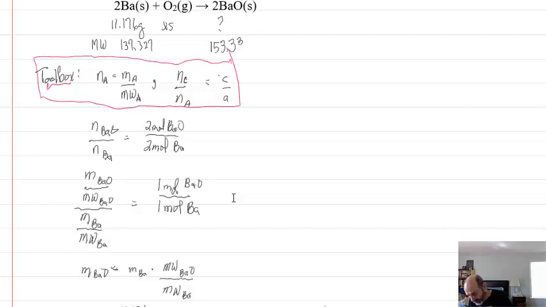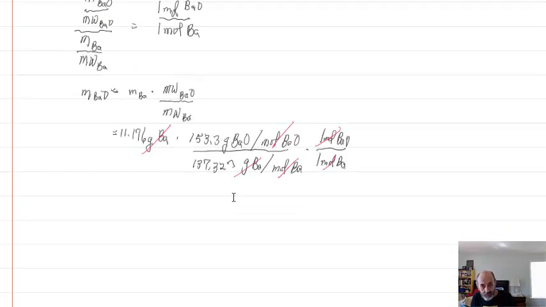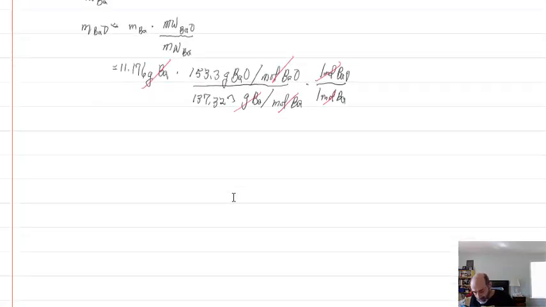So here we go with the Ba, and the mass of Ba gets canceled. The moles of BaO get canceled. So the unit that we're left with, sorry, I'm off scale again, I apologize, is grams of BaO, which of course is what we were after.